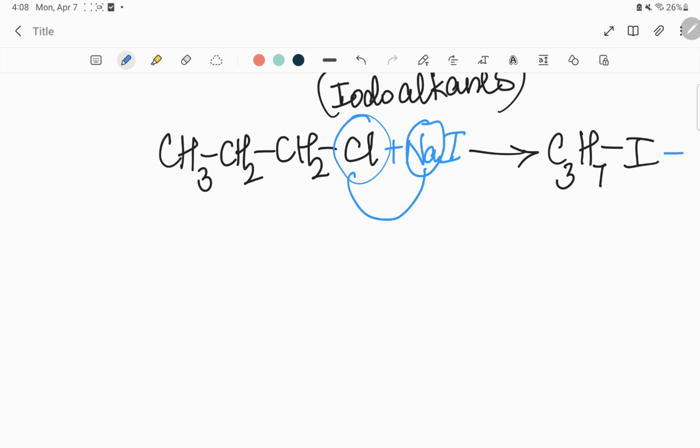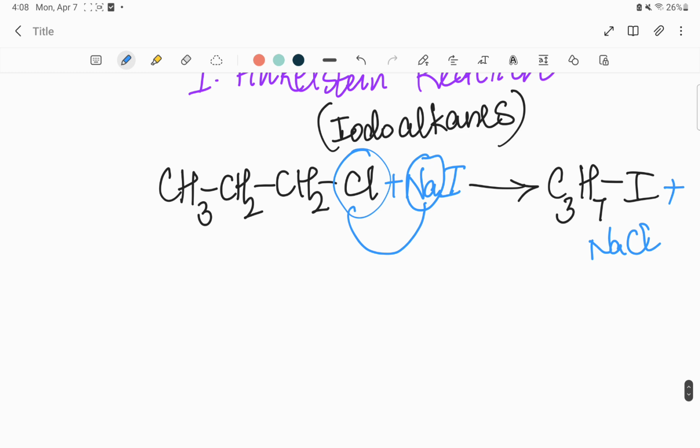As a result, you get the byproduct NaCl or NaBr, and this is halogen exchange, in particular the Finkelstein reaction.